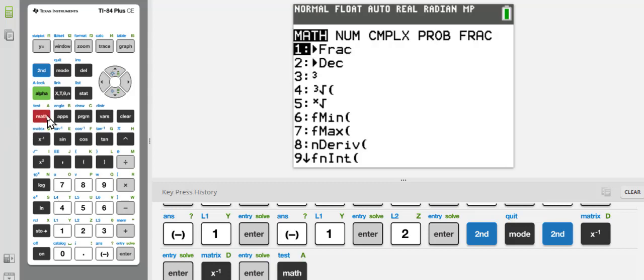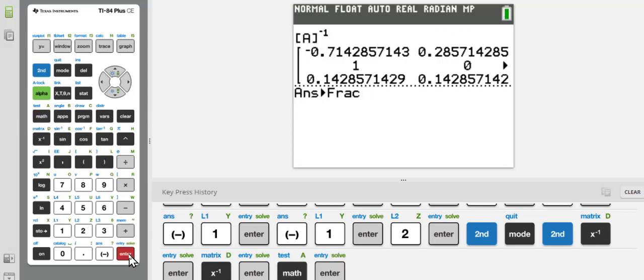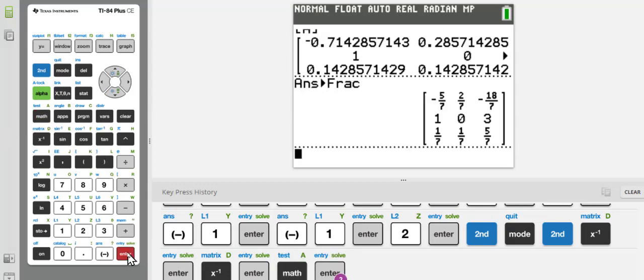Let's go and see if we can get some nice fractions for this. There we go. That's less bad. Still not pretty. I'm going to write this down. -5 sevenths, 2 sevenths, -18 sevenths, 1, 0, 3, 1 seventh, 1 seventh, and 5 sevenths.